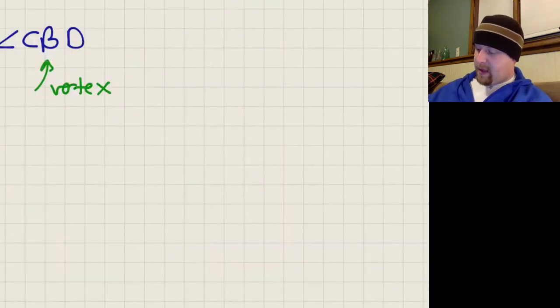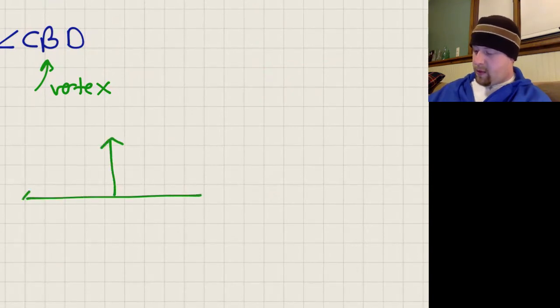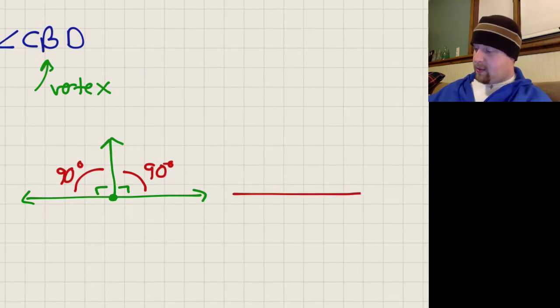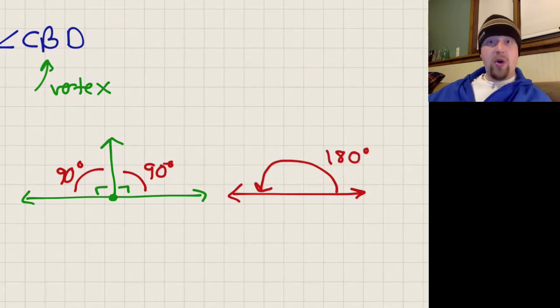If you recall from our previous diagram, if you have two perpendicular lines, or a ray and a line that meet, that are perpendicular, the angle here is 90 degrees, and the angle here is 90 degrees, which means that a straight line, if you travel from here to here, is 180 degrees total because it's 90 plus 90.